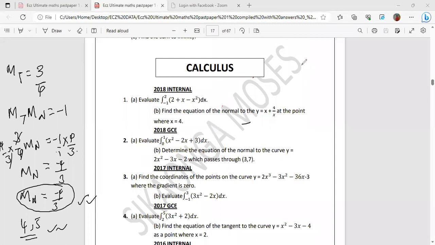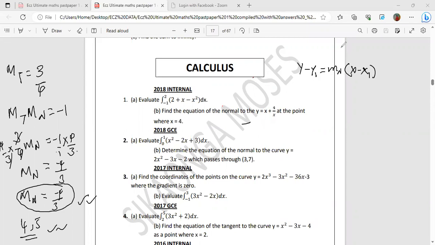To get the equation now, we say y minus y1 equals m, the gradient of the normal, times open bracket x minus x1. So now you've got all the information that you need.